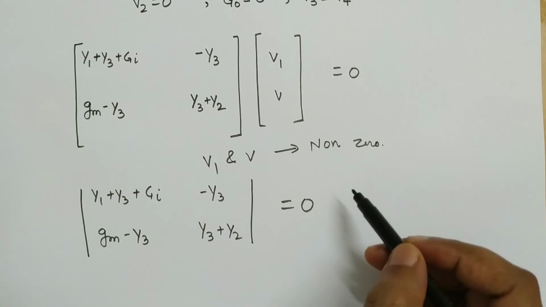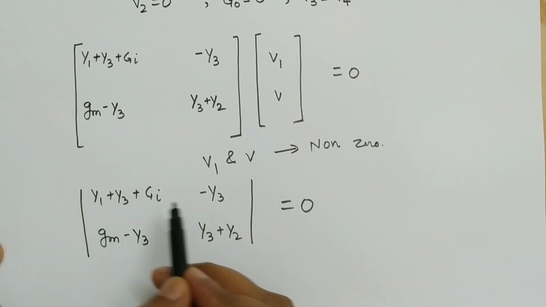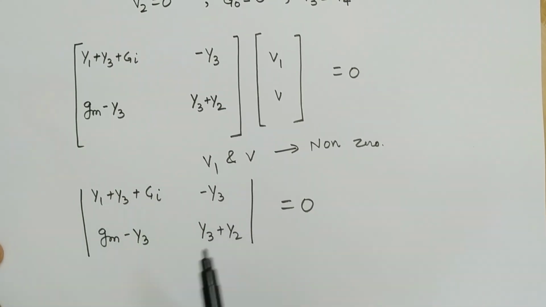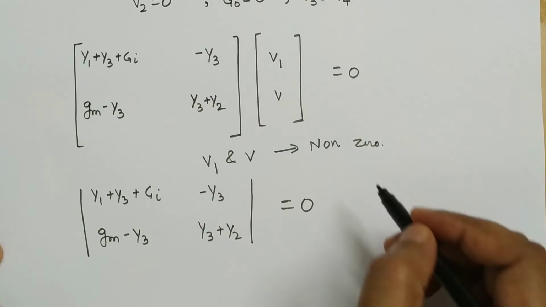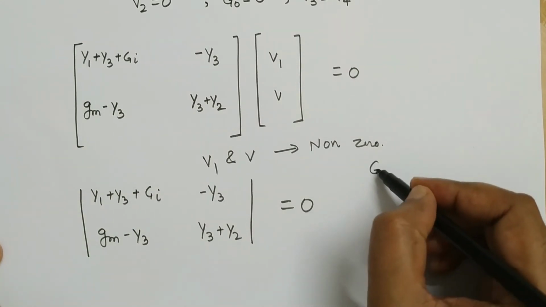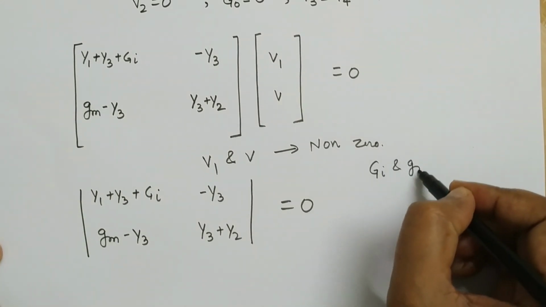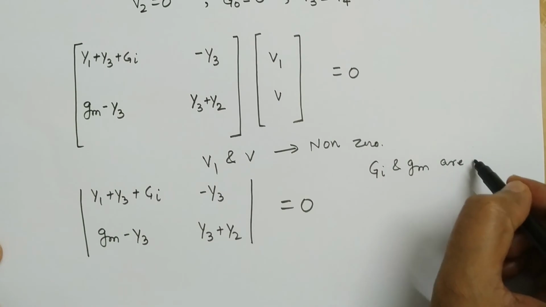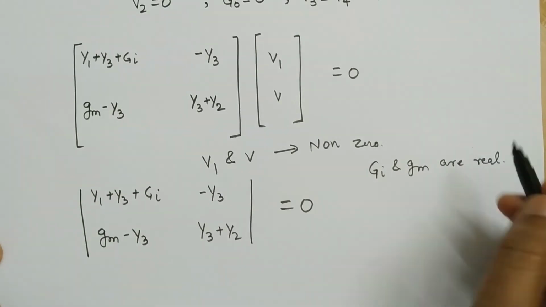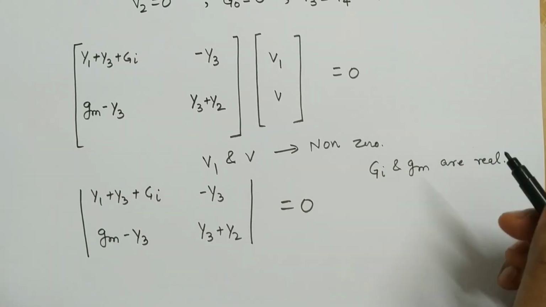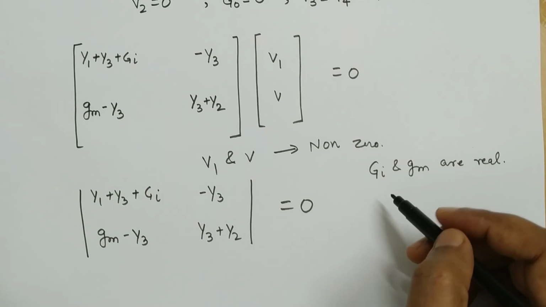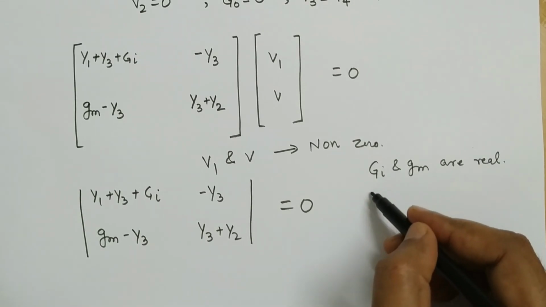Now let us consider the values of Y1, Y2, Y3, Gi and Gm. As we know, Gi and Gm are real, and Y1, Y2 and Y3 are purely imaginary as they are reactances.